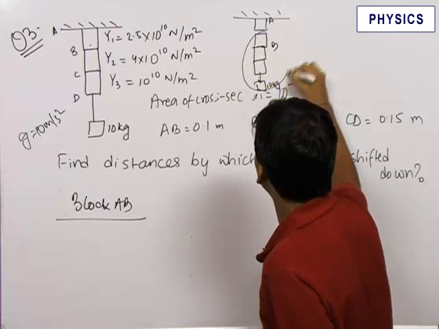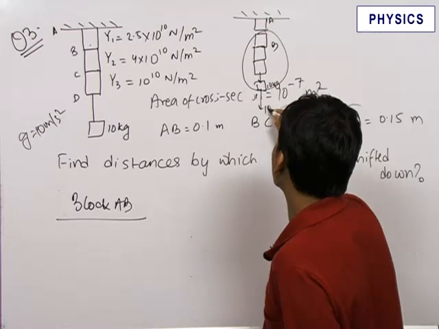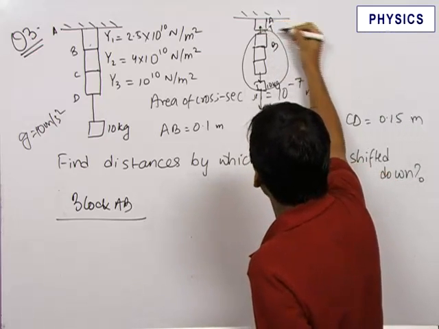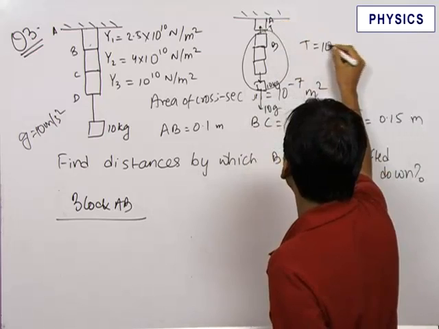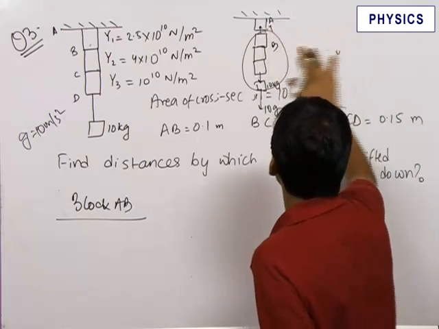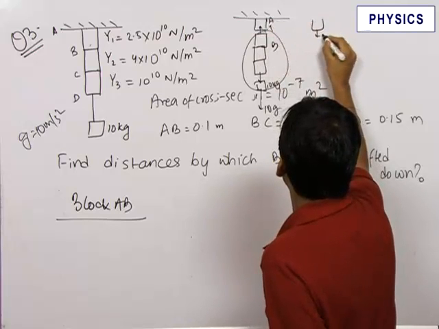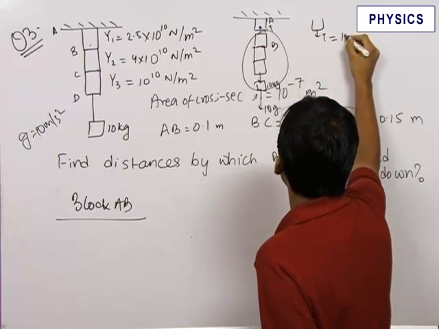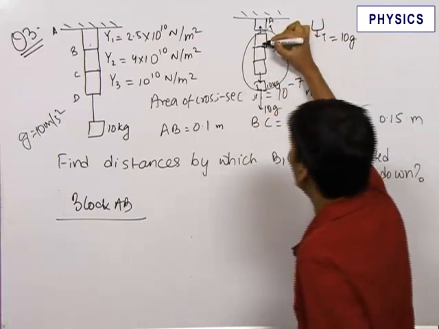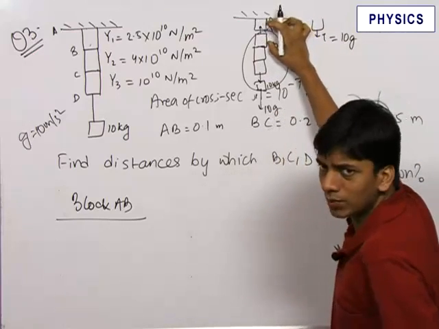So on this whole system, the net vertical force is 10 G. So to balance that, the tension acting here would be equal to 10 into G. Therefore, on the upper surface, by Newton's third law, the tension or the pulling force will be equal to 10 into G.